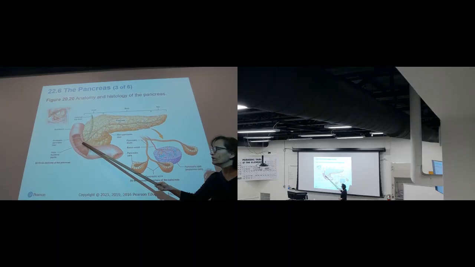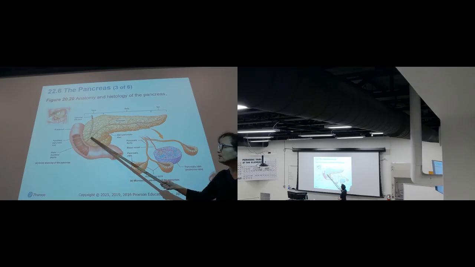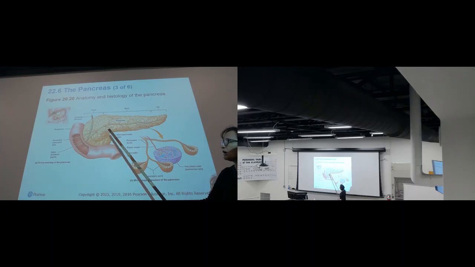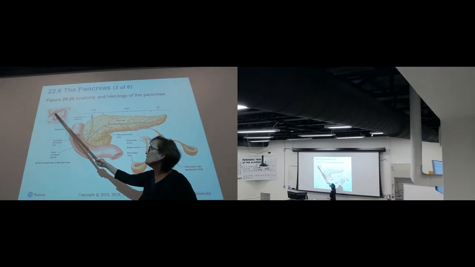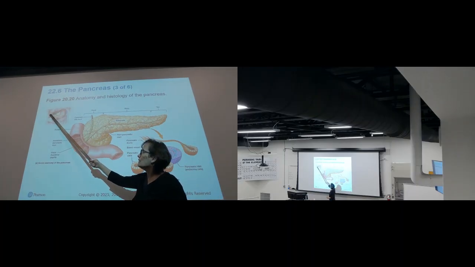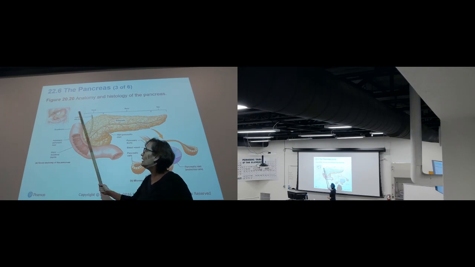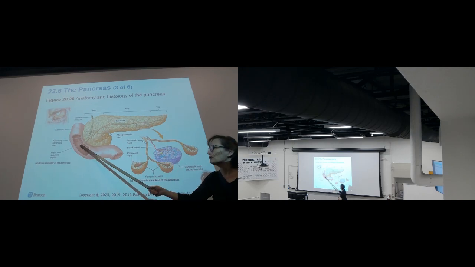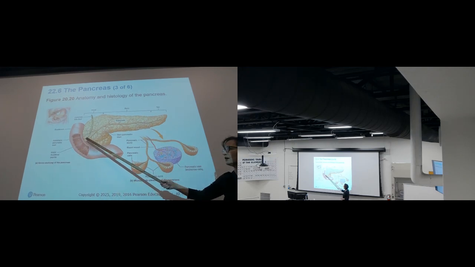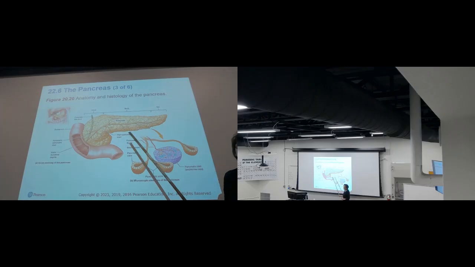Now, in this major duodenal papilla, not only the main pancreatic duct empties its secretions, but also the common bile duct. The common bile duct empties the bile from the liver. So this is the gallbladder. The gallbladder stores the bile that is produced by the liver, and then it empties it together with these pancreatic secretions.